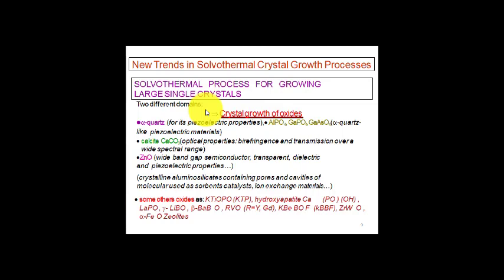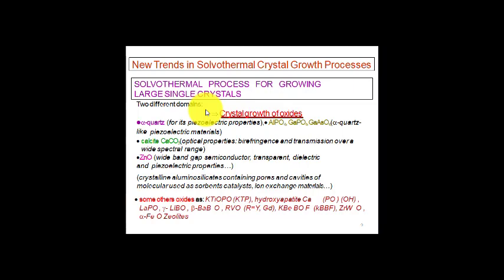Similarly, crystalline aluminosilicates containing pores and cavities of molecular size, used as absorbents, catalysts, and ion exchange materials, can be synthesized by using hydrothermal methods.